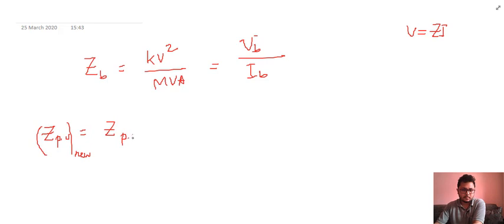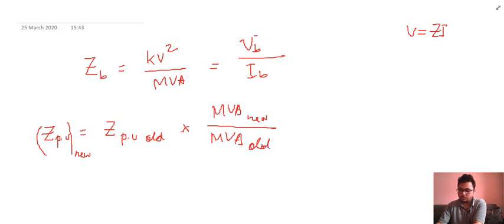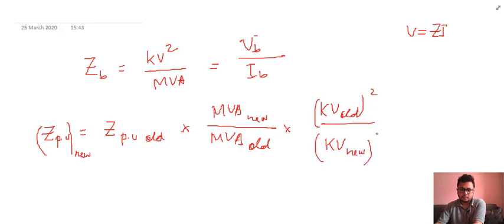So Z per unit old into MVA new divided by MVA old into kV old whole square divided by kV new whole square.